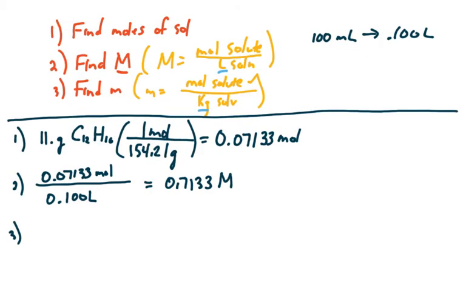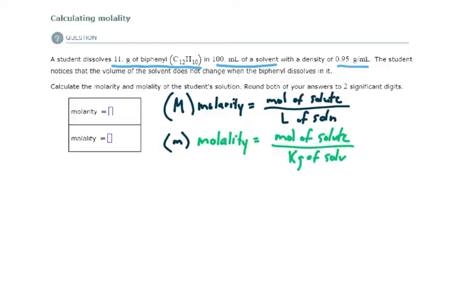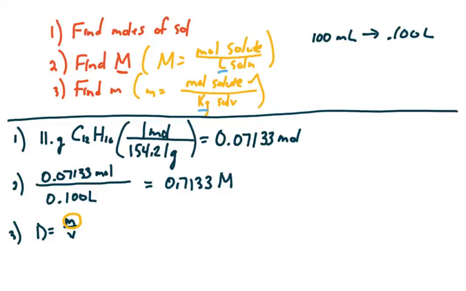So if we go back, let's write what we know about density. Density is equal to mass divided by volume. Well, I want to know the mass of the solvent. And guess what? I have the density, it's given in the problem, and I have the volume. It is 0.1 liters or 100 milliliters. Okay? So the units of the density is 0.95 grams per milliliter.